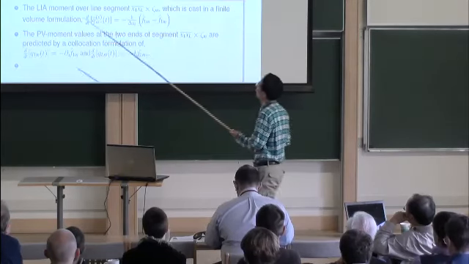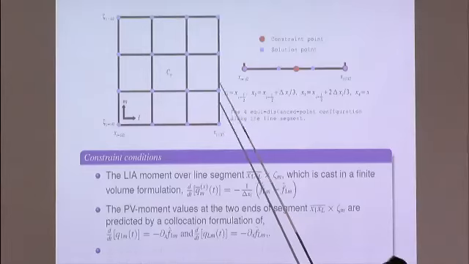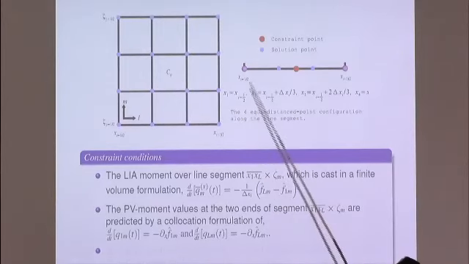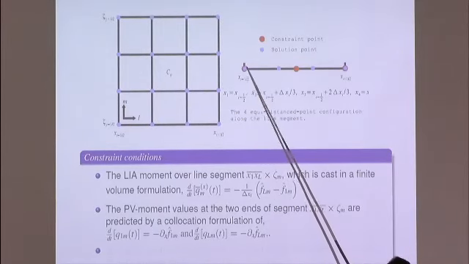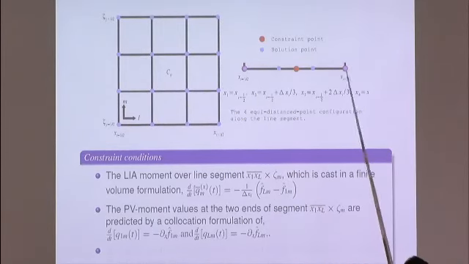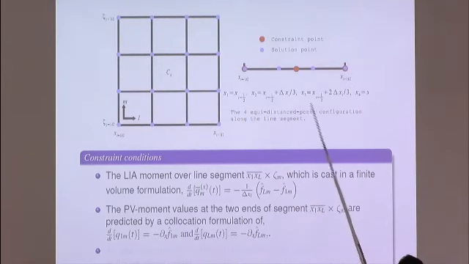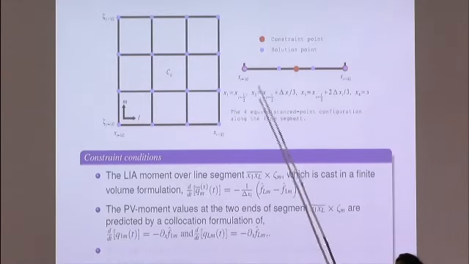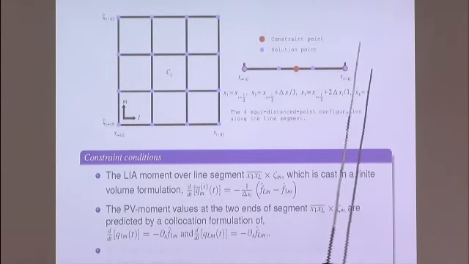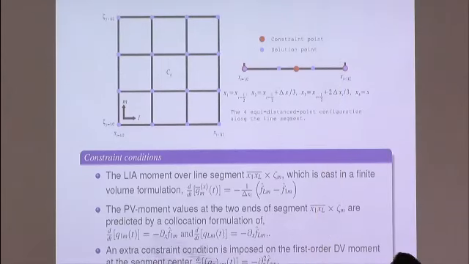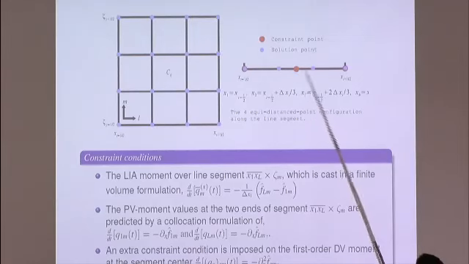For fourth order, it is the same as third order, but we include 1 more solution point, so 4 equidistant points: 1, 2, 3, 4. The constraint conditions, these 3 conditions, are the same as MC3, but we add an additional constraint condition on the segment center.